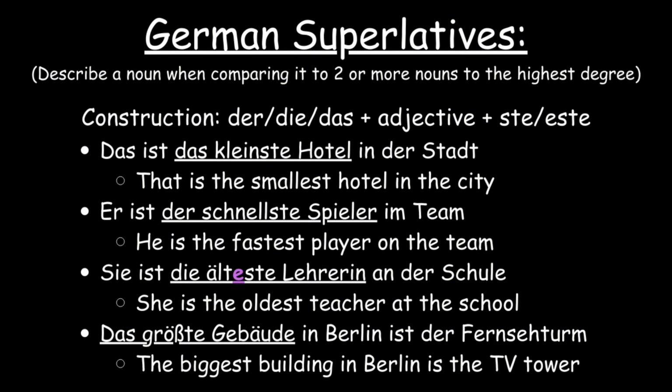Some examples are: Das ist das kleinste Hotel in der Stadt. Ist der schnellste Spieler im Team. Das größte Gebäude in Berlin ist der Fernsehturm. Notice how all of these come after a definite article and before a noun, which explains why they are attributive.